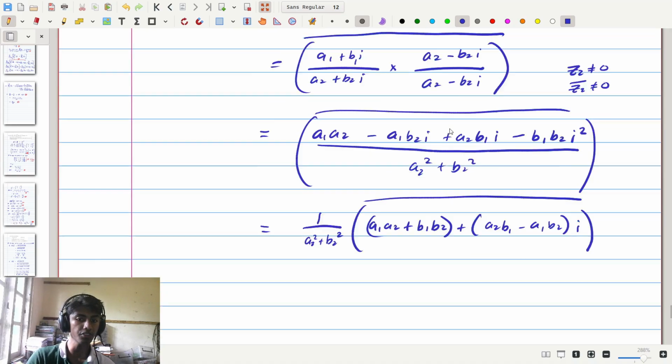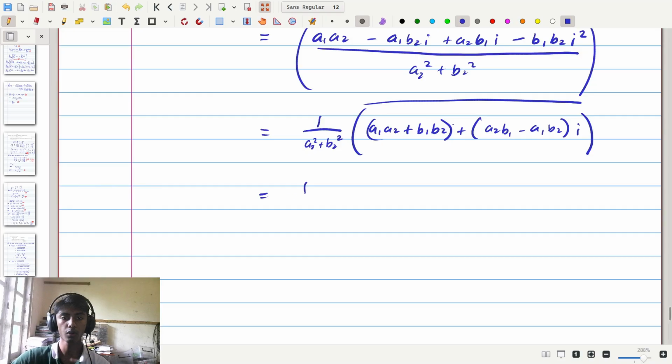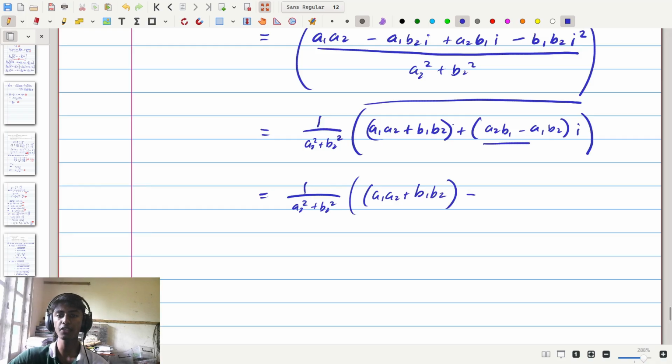Now conjugating this thing, we can see we get 1 over a2 squared plus b2 squared times this other thing on the inside, which is going to be the real part as it is, or a1 a2 plus b1 b2 as it is, and then we're going to have minus this whole thing, which is minus a2 b1 i plus a1 b2 i, since minus times minus is going to be plus. So we have this whole expression.